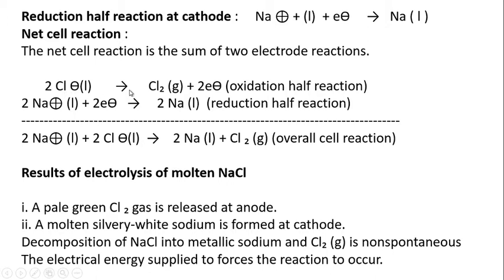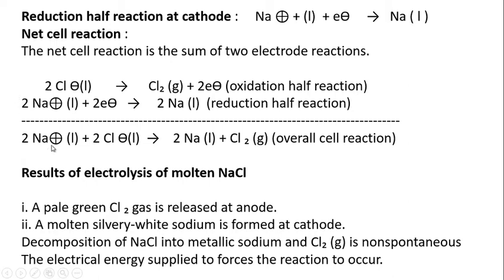The oxidation half reaction is the formation of chlorine gas by loss of electrons. And the reduction half reaction is the reduction of the sodium cation by gain of electrons to form neutral sodium atoms. And the overall reaction is the sum of these two half reactions.